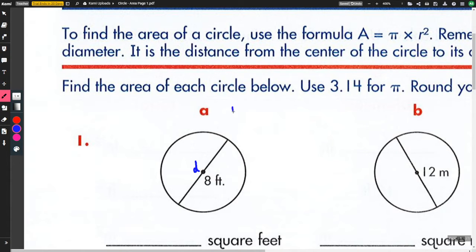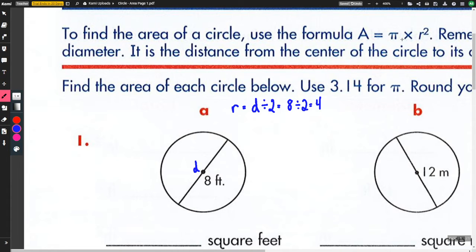Now I need to find my radius, and to do that, I do diameter divided by, not 8, silly. I need 2. 8 is my diameter. Eight divided by 2 is 4.